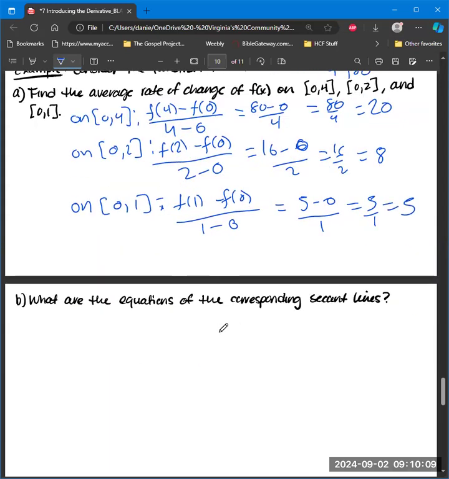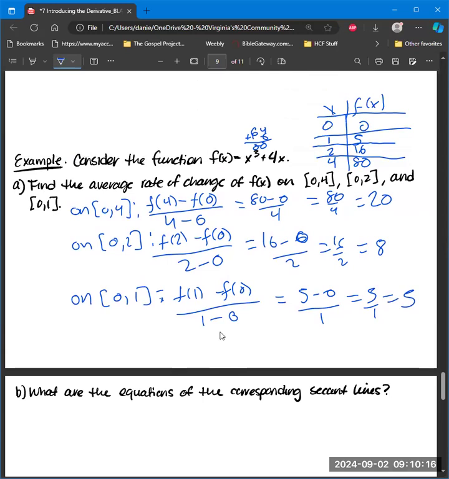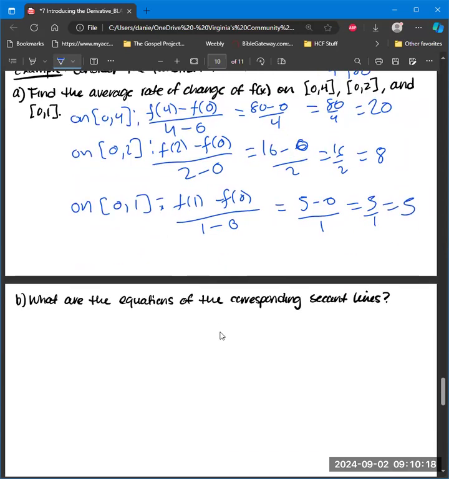So what are the equations of the corresponding secant lines? Let's go ahead and always use that point 0, 0 that's on the line. That's the easiest one to use since it's the y-intercept. So our first one here on 0, 4, that secant line has a slope of 20.